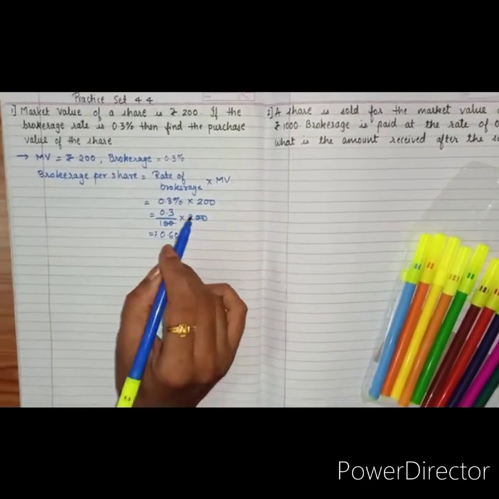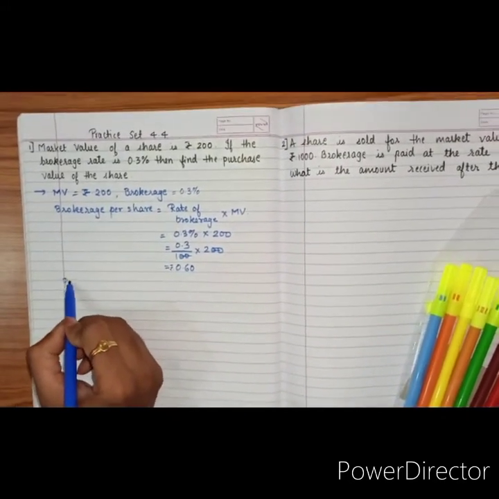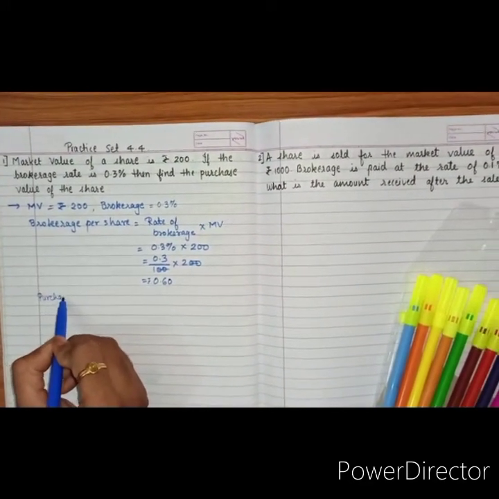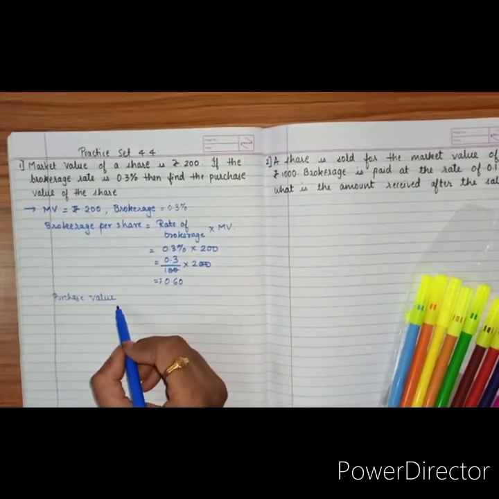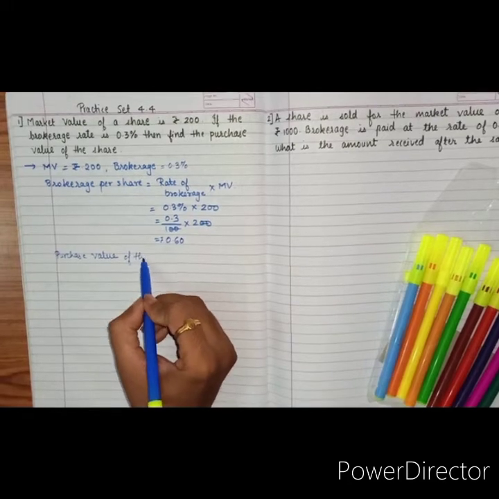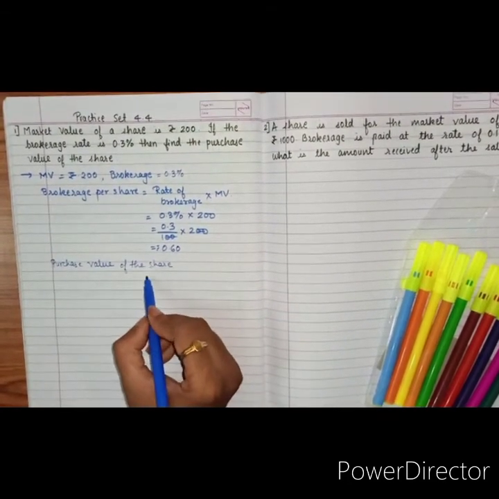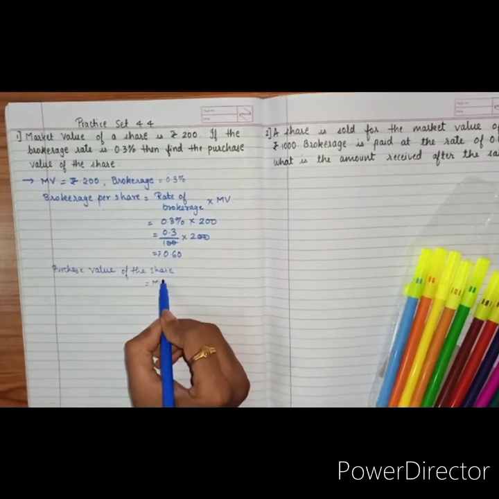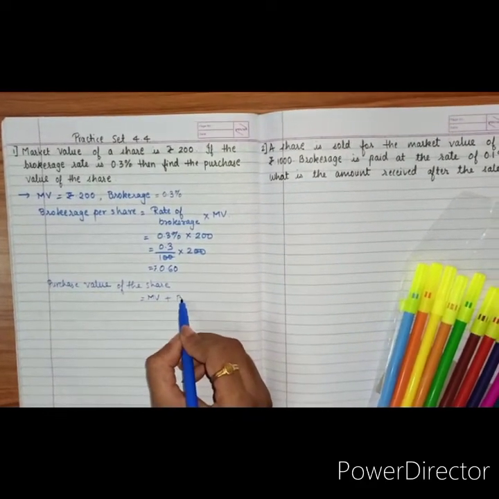Okay, now what you need to calculate is the purchase value. So purchase value of the share, this is what the question is asking, right? Purchase value of the share will be market value plus the brokerage.